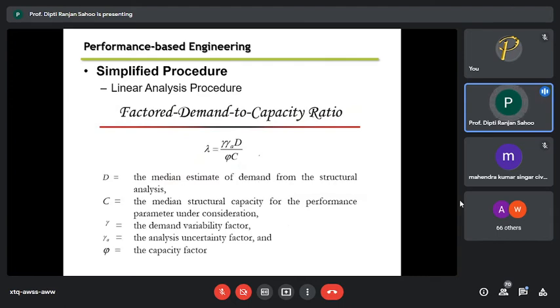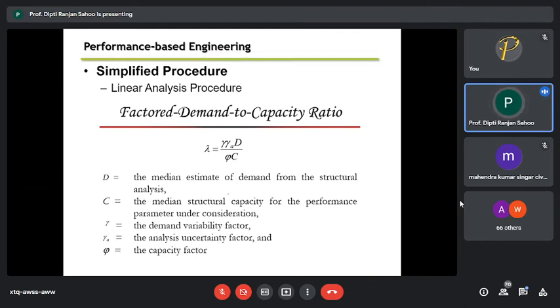Okay, so that is how you calculate the demand capacity curve, and it takes into account a lot of parameters related to the analysis, related to the demand variability, and also the partial safety factor. If you remember the capacity factor, that is your gamma, it's taken into account.